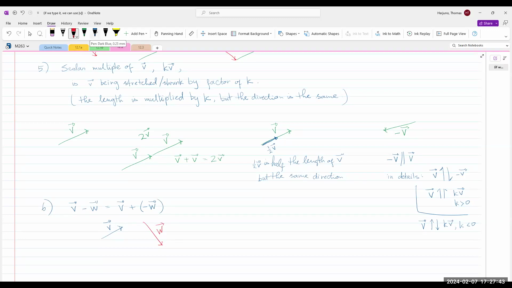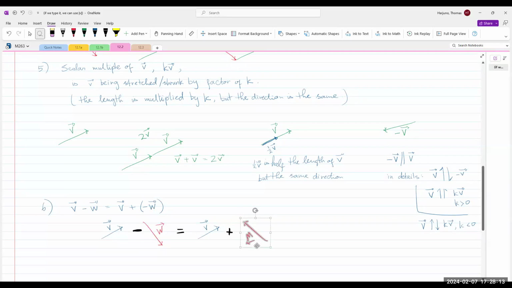So v minus w is equal to vector v plus vector negative w.